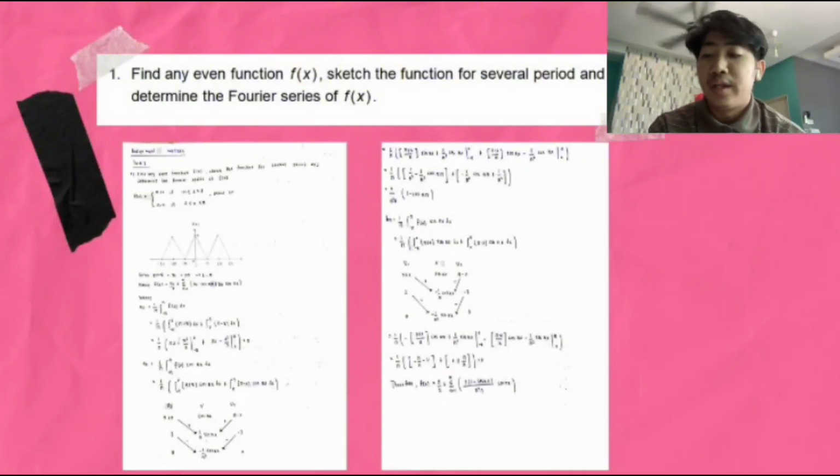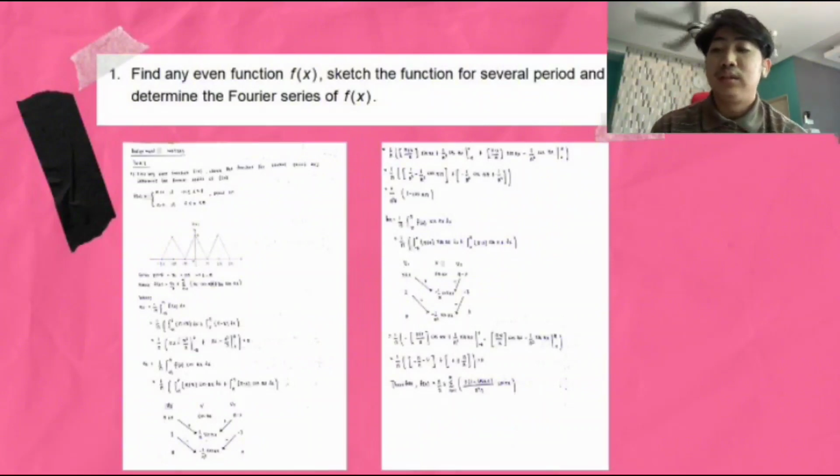As you can see, a0 is 1 over pi, integral from negative pi to pi, f(x) dx. The answer is pi. For an, 1 over pi, the integral from negative pi to pi, f(x) cos nx dx.